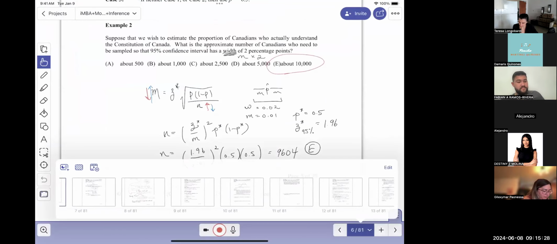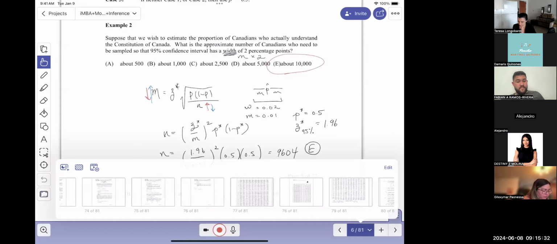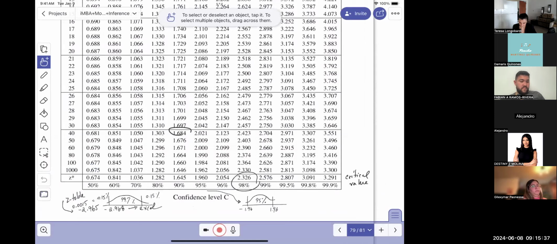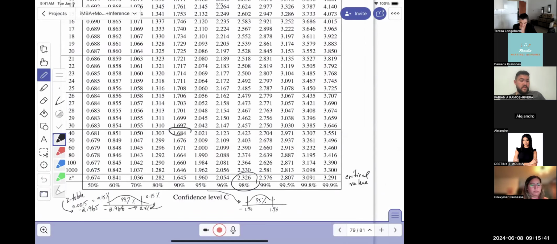All the tables that you need are in module 9. So for 95%, it's 1.96. You get used to that because that's usually what we use. If I don't specify what you need to use, you use this one for Z star. If I do specify, you look for it on this table.